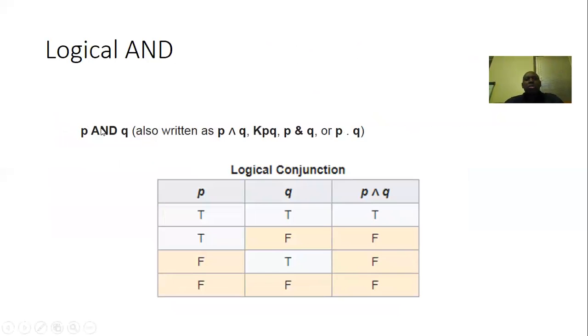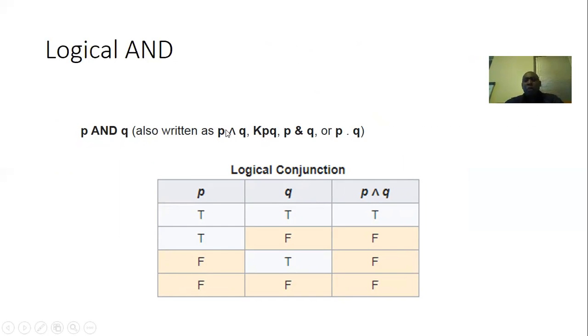Usually, logical AND is written in a particular way. It's written like P and Q, or with an ampersand, or with a dot.